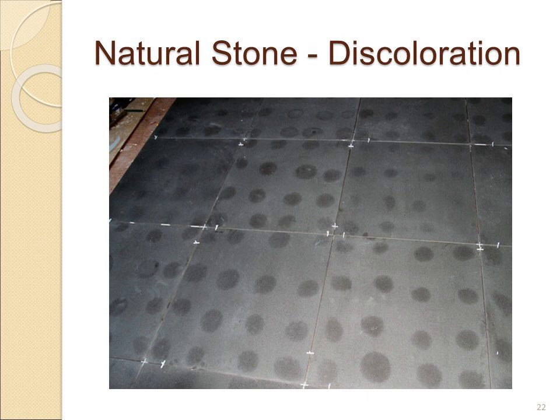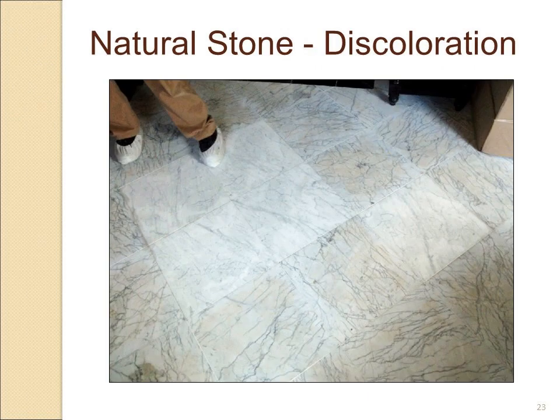Now, this isn't a good installation. You can tell exactly what happened here, but it does show that stone can be discolored from excessive amounts of moisture. When we think about how it's just being discolored from a thin-set mortar being underneath the stone, and we consider what could happen over time when a slab has a lot of moisture.